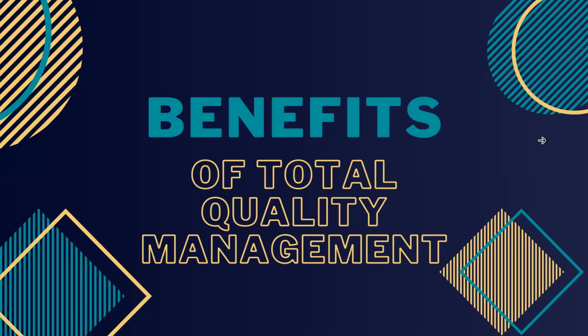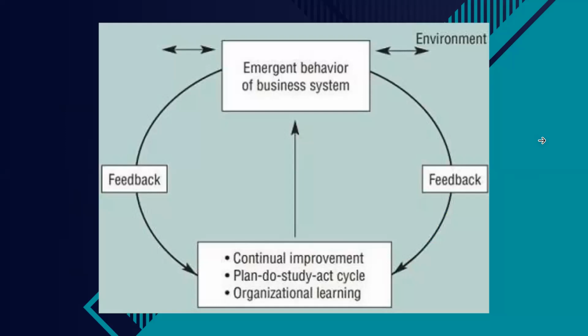Benefits of total quality management. The emerging behavior of a business system depends upon feedback, continual improvement, the plan-do-study-act cycle, and organizational learning.